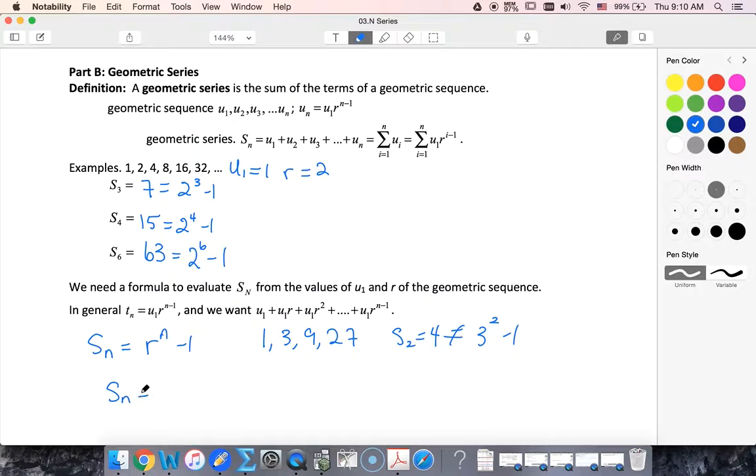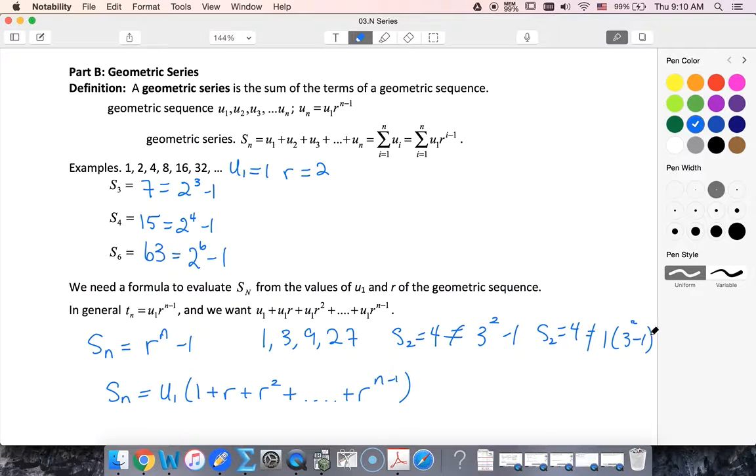So S sub n is going to be u1 times 1 plus r plus r squared up to r to the n minus 1. So maybe my hypothesis is that I need a u1 in front of this. Well, if I tried S sub 2 is equal to 4, which is my first term, 1 times 3 squared minus 1, that doesn't work either.